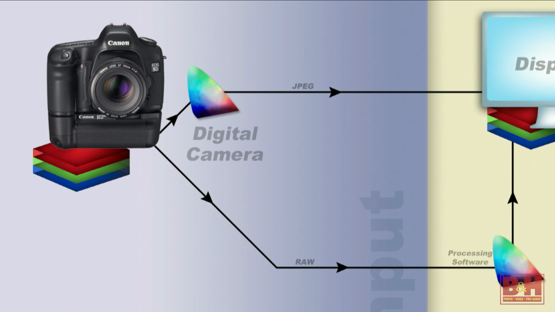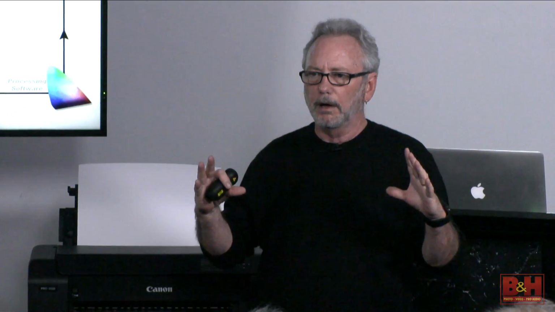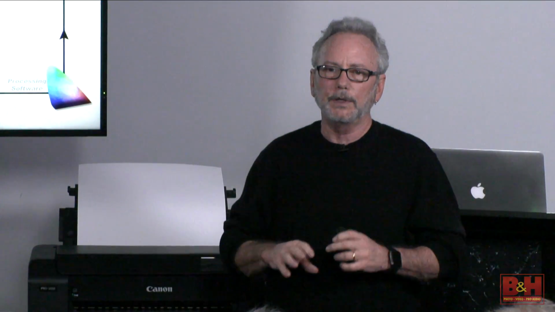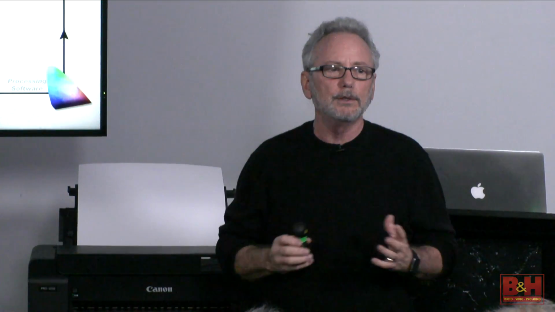And until you get into a processor such as Lightroom or Photoshop or DPP, that's when you are utilizing a color space. But the wonderful thing about shooting RAW with that color space is you have chrominance data outside that color space that you can pull into that color space to use.